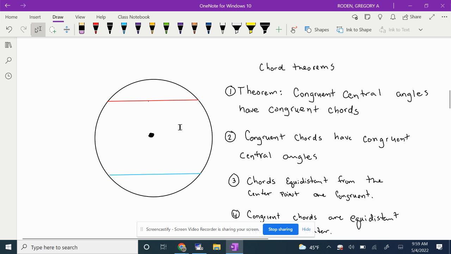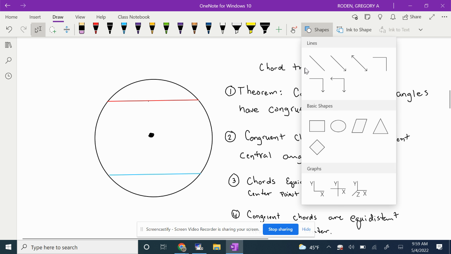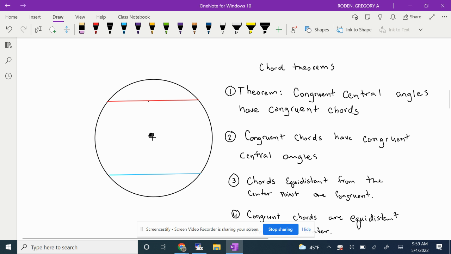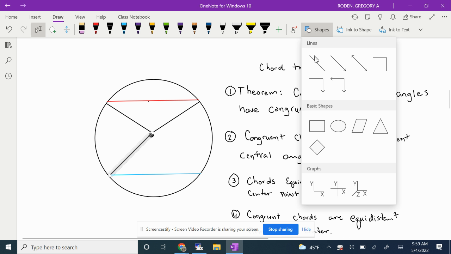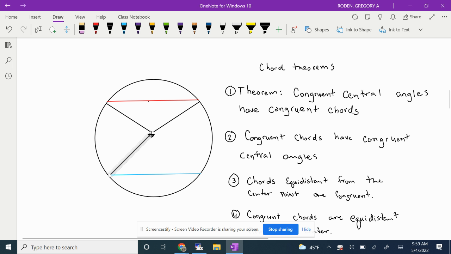So if I look at this center point right here, and I construct a central angle from this center point, I draw a central angle here, and I draw a central angle over here to the blue one, and I draw another radius here to create these two.